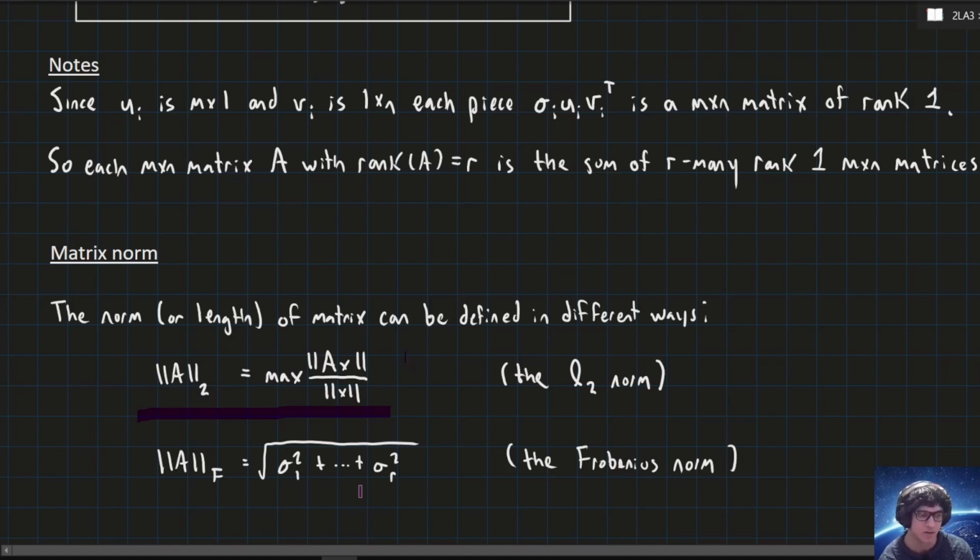Another way to define its size or its norm is in terms of its singular values. This is called the Frobenius norm, and we compute all the singular values of A, take their squares, take the sum, and then take the root, and that's called the Frobenius norm. So there are many ways to define the norm.